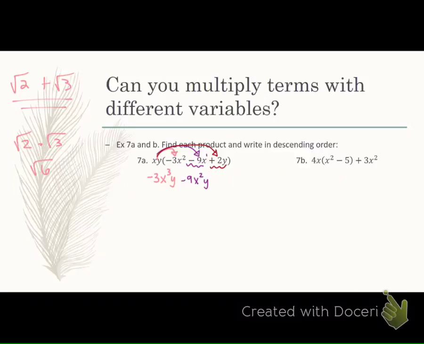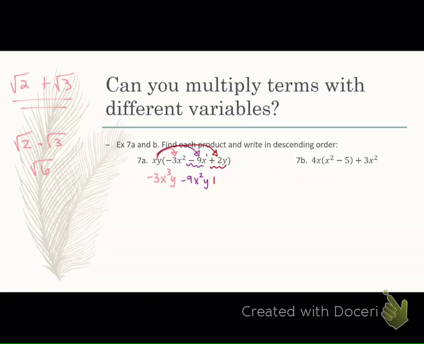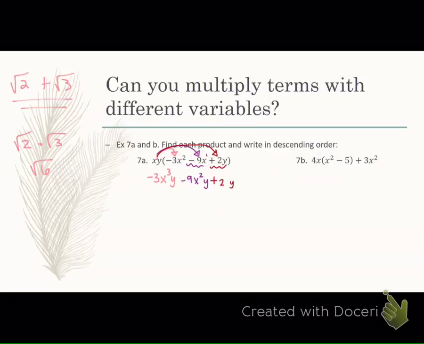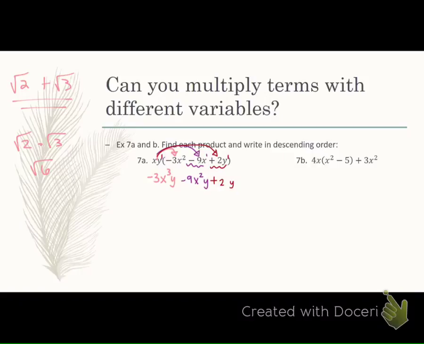Colin, xy times 2y. That's going to be what? 2y to the third power? Y isn't to the third power. Be careful, because we only have how many y's? You have a y to the first here and a y to the first here.